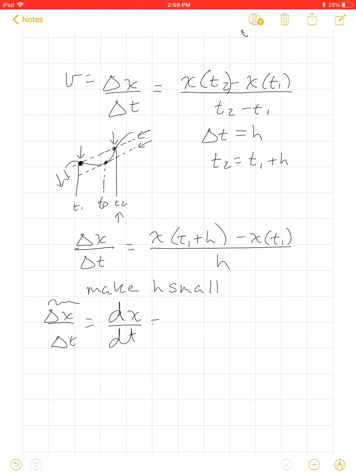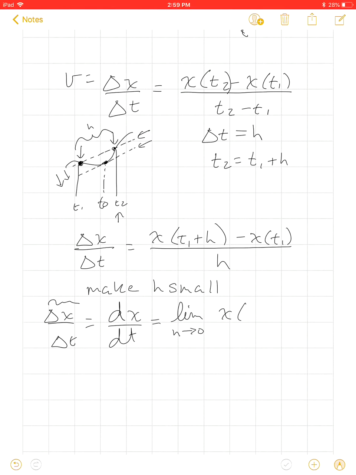And then this is going to be equal to the limit as h goes to 0. So basically this change as we move that line towards t naught is going to become very, very small. It's going to get shorter and shorter and shorter till right here where it's just a point. Okay.